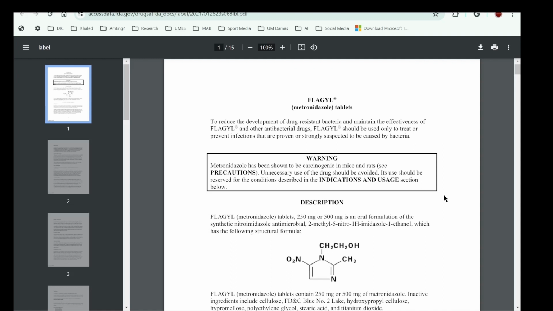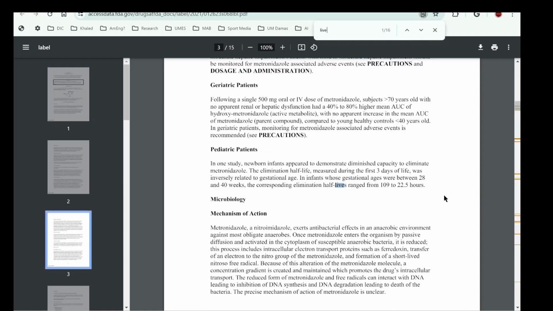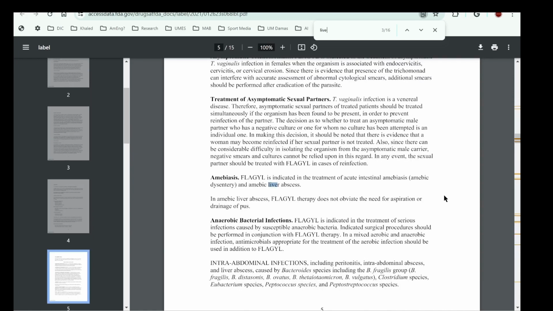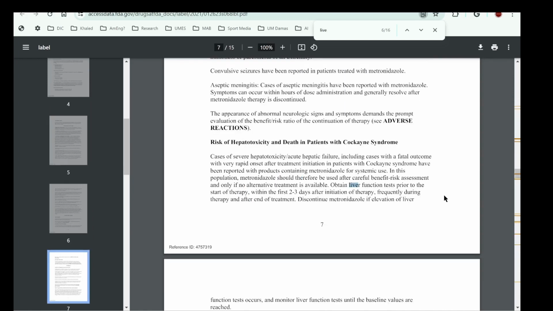So I will click here and type liver. It's much better to type. As you can see here, risk of hepatotoxicity and death in patients with this other specific type of liver disease.